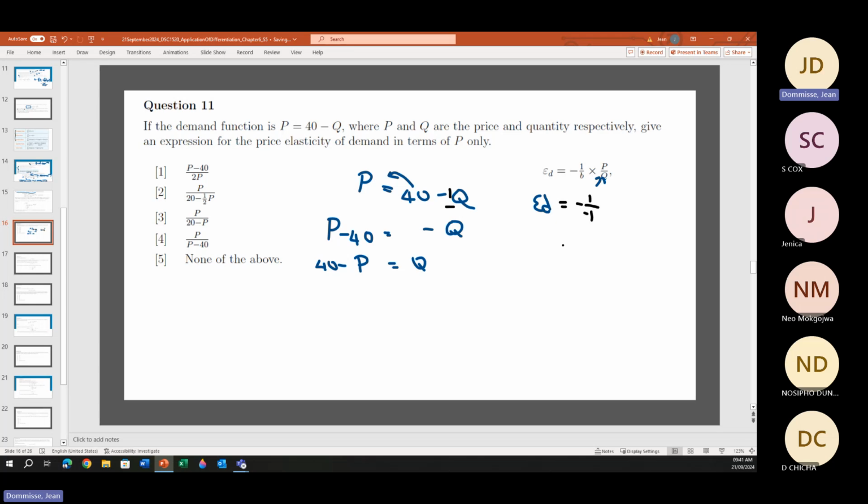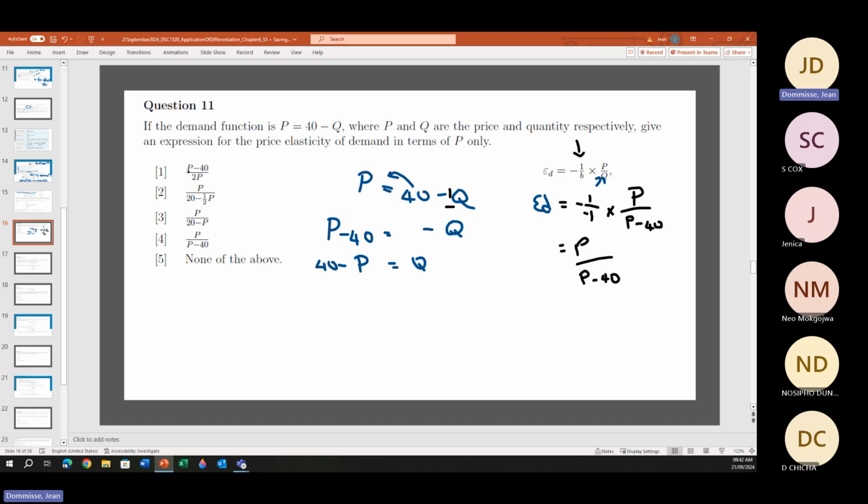So there, that component will be equal to 1. Then times P over, and now it is P minus 40. Okay, so 1 times that then stays P over P minus 40.